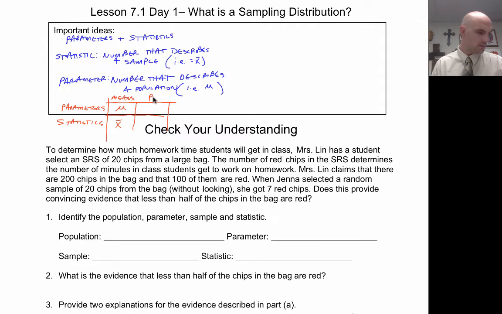For my proportion, P, and this is going to be a P. I'm actually going to move it down. Go back and move this down. So this P with a hat over it.